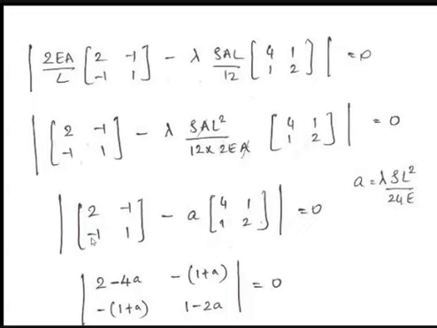So again if I take minus, it will be 1 plus a, 1 plus a, then 1 minus 2a is equal to 0. So after subtracting these two matrices, I'll be getting 2 minus 4a, minus 1 plus a, minus 1 plus a, 1 minus 2a is equal to 0.